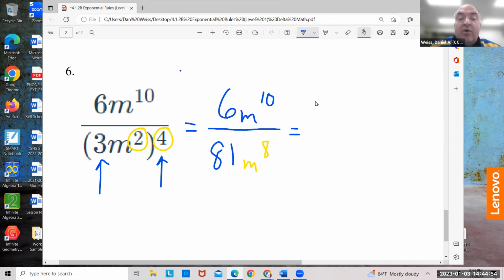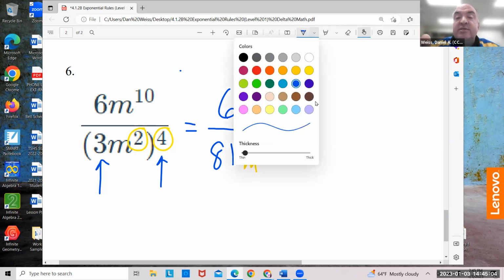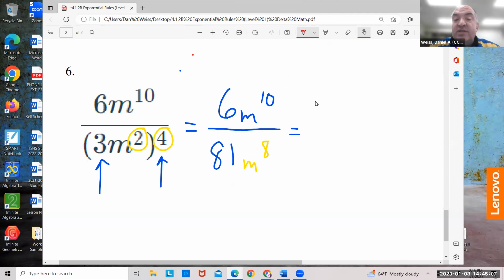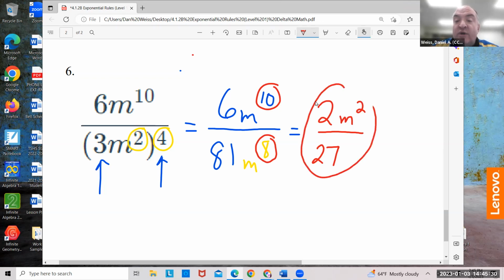Now, the 6 and the 81 reduce. 3 goes into both numbers. 3 goes into 6 twice. 3 goes into 81 27 times. So I have a big weird fraction here. That's okay. M to the 10th over M to the 8th, 10 minus 8 is 2. M to the 2nd. So you have 2m to the 2nd over 27.